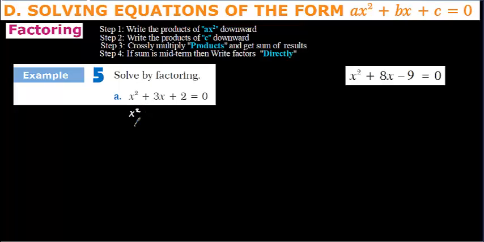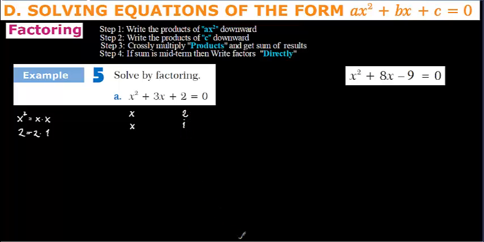X squared. The factors of x squared is equal to x times x, so I'm going to write x times x downward. And the factors of 2: we know that 2 is equal to 2 times 1. We have different factors, but for 2 there are only 2 times 1.